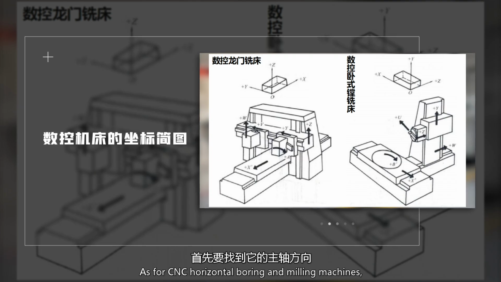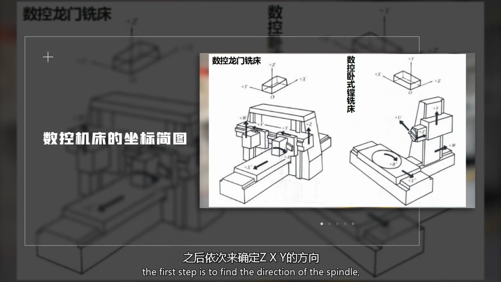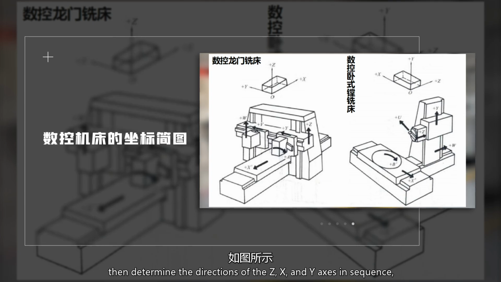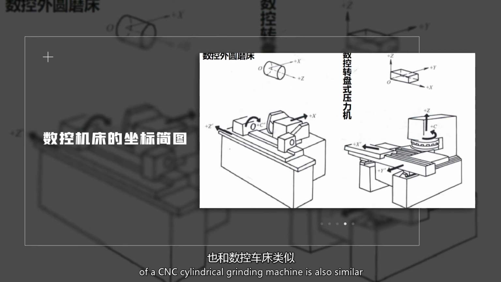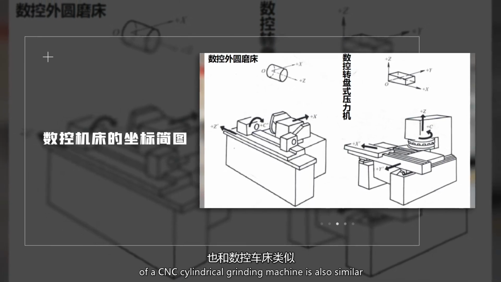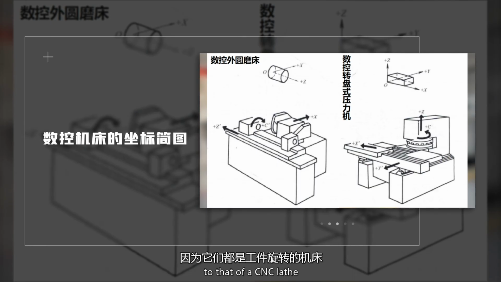As for CNC horizontal boring and milling machines, the first step is to find the direction of the spindle. Then, determine the directions of the z, y, and x-axis in sequence, as shown in the figure. The method of determining the coordinate axes of a CNC cylindrical grinding machine is also similar to that of a CNC lathe, since both are machine tools where the workpiece rotates.